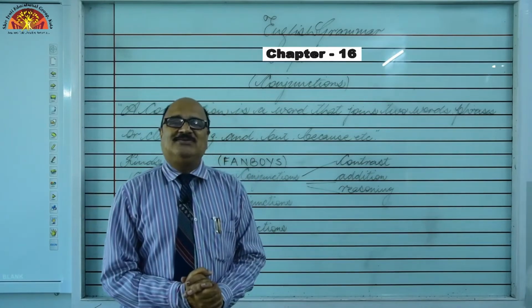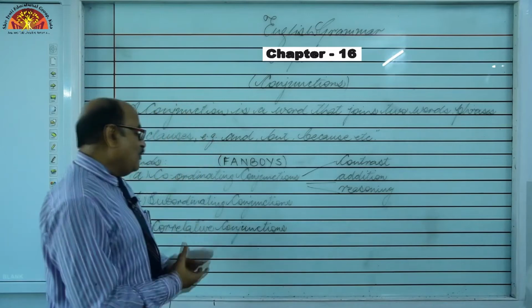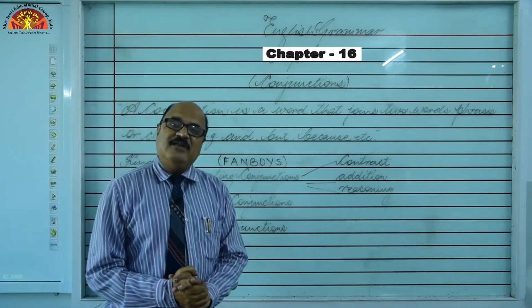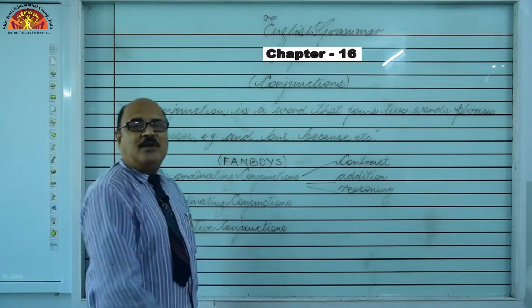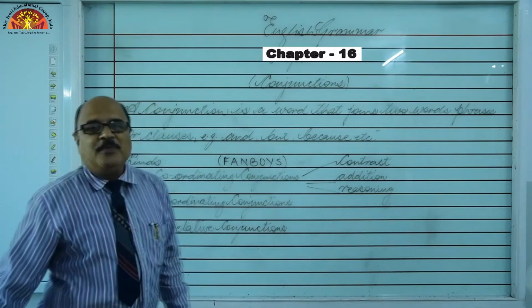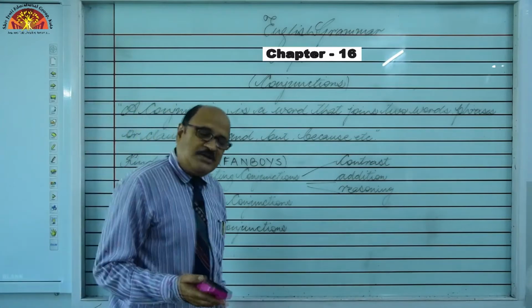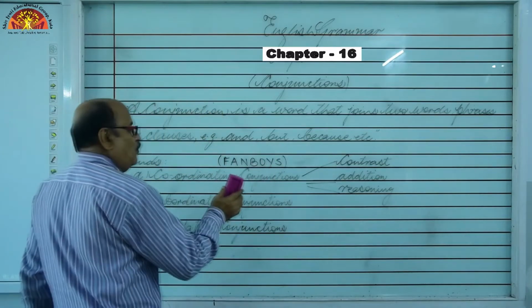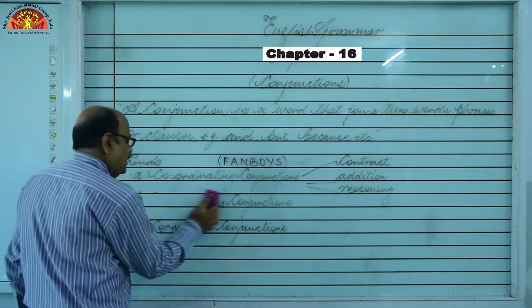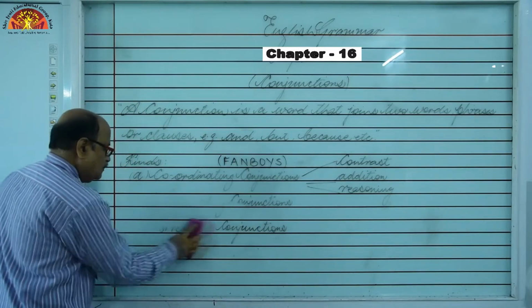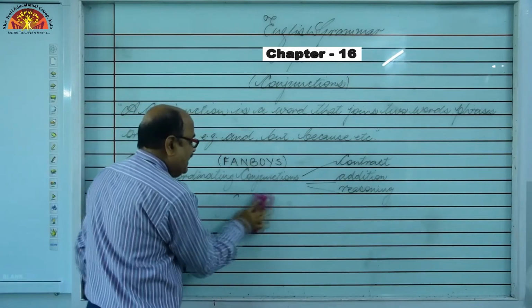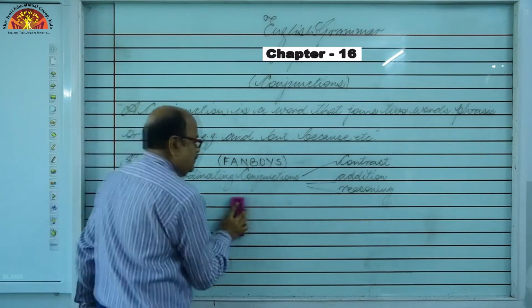In this way, they are known as correlative conjunctions, and we will learn all these conjunctions one by one, through examples. I hope you have got it students. And please keep your book open.